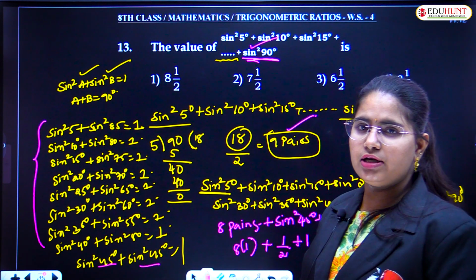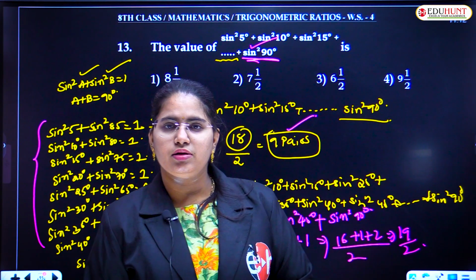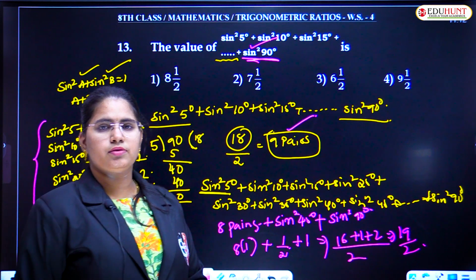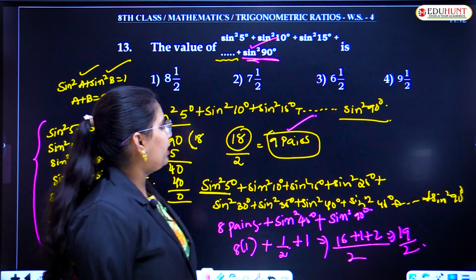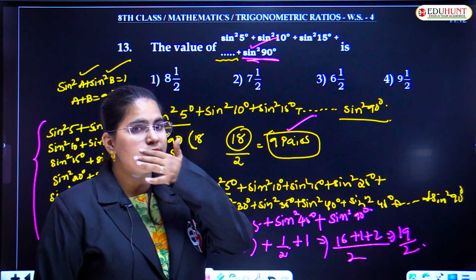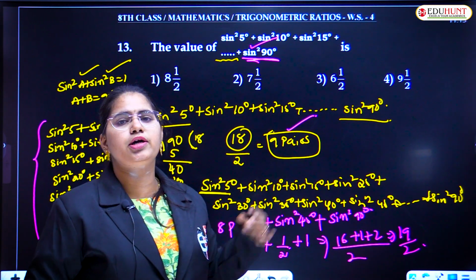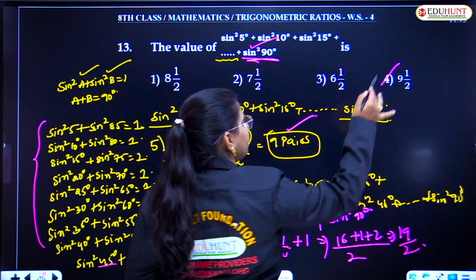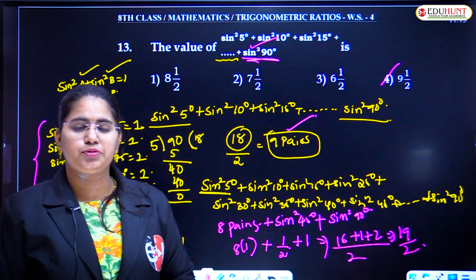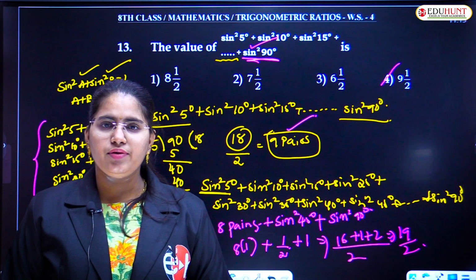Did you understand the problem, guys? Which is 19 upon 2. So 19 upon 2 I couldn't see in the options, but if we convert it into a mixed fraction, 9 into 2 is 18, 18 plus 1 is 19 upon 2, which is the fourth option in the answer.